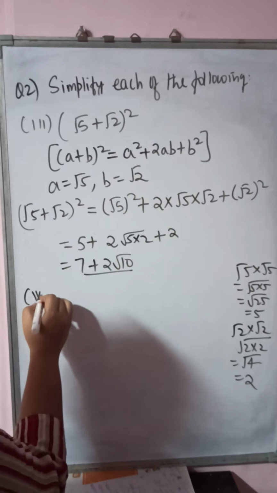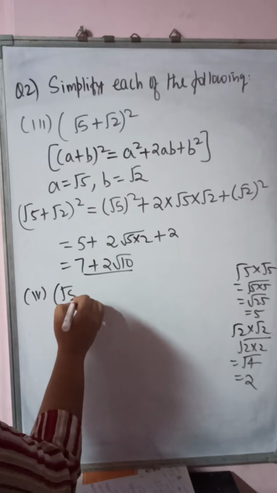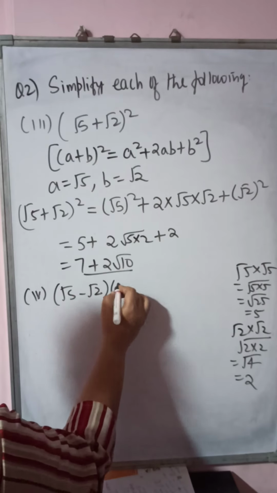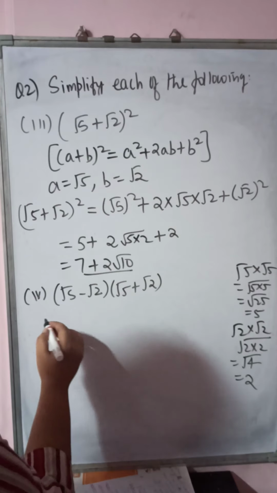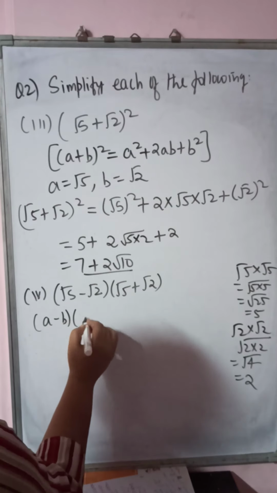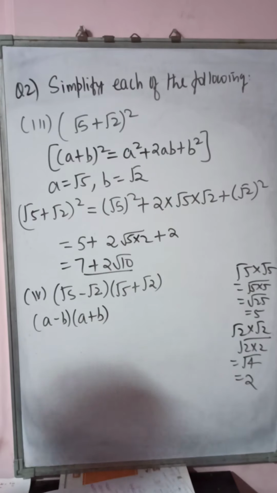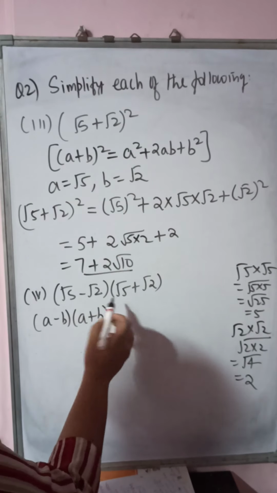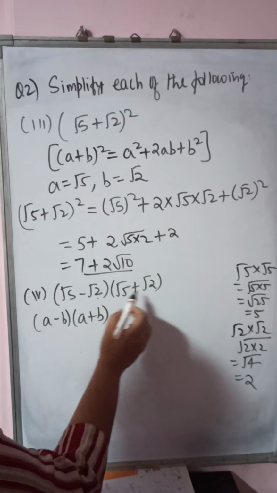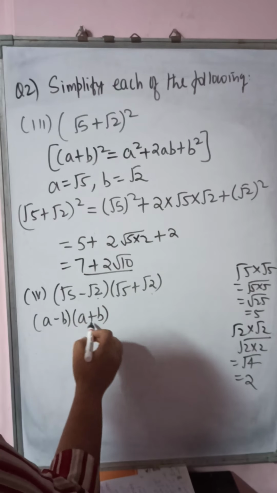Now fourth part: root 5 minus root 2 into root 5 plus root 2. Again this question is in the form of (a minus b) into (a plus b). Why? Because the first term a is the same, the second term b is the same, one has a minus sign and one has a plus sign.